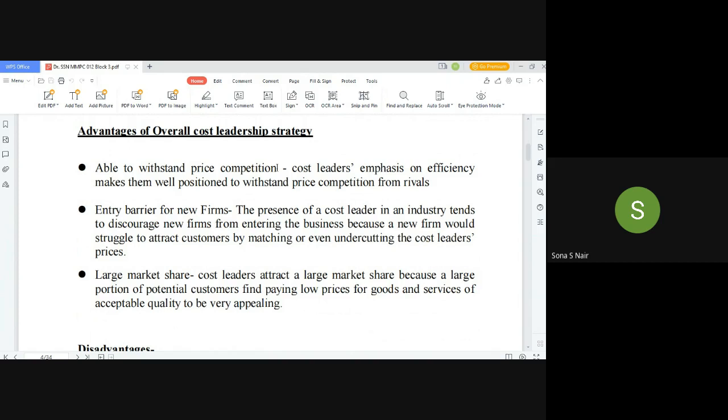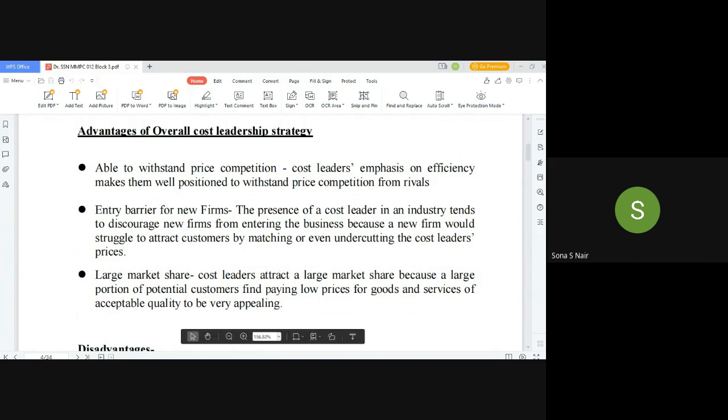They also act as an entry barrier for new firms. In an industry, if there's an overall cost leader, and this leader is offering products to the customers in the industry at a lower price, other new firms will find it very difficult to come into the industry. Why? Because they would not be able to offer the kind of price that this cost leader is offering to the consumers.